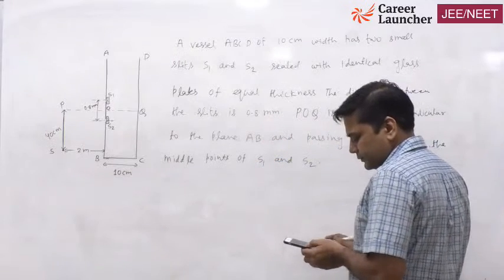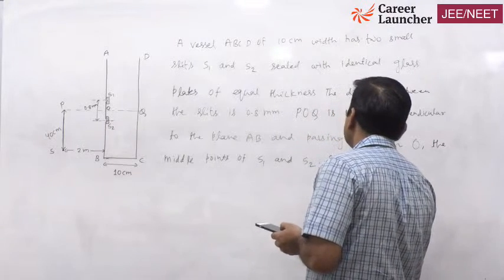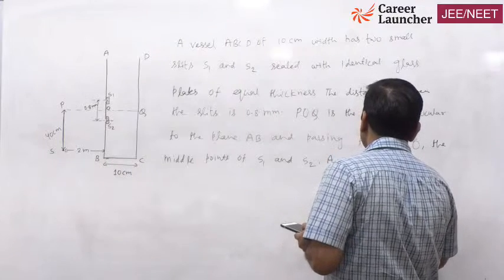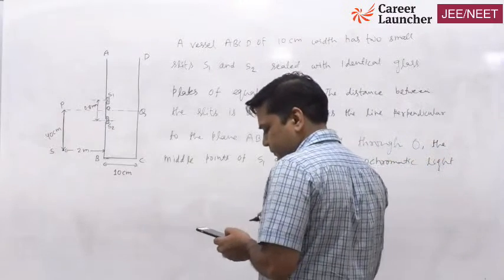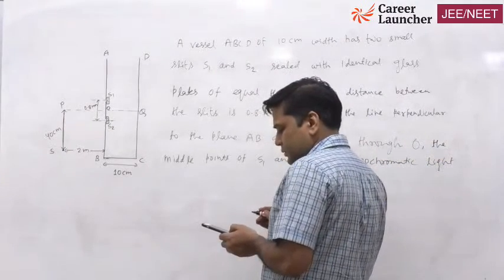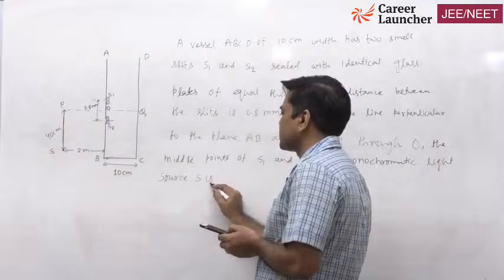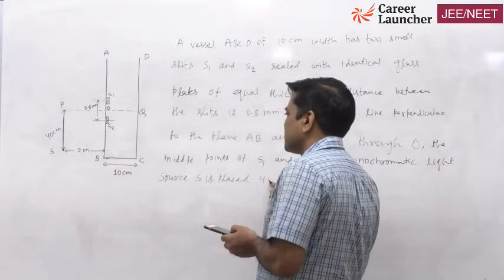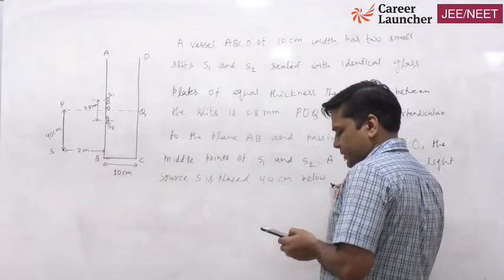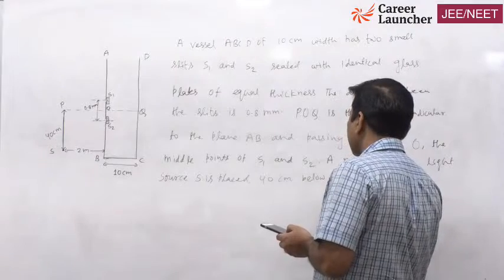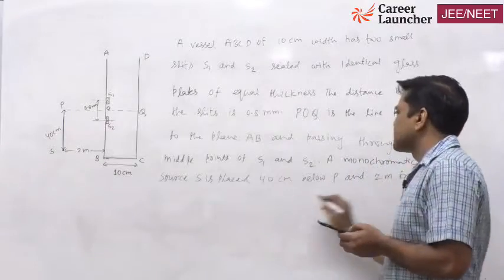A monochromatic light source S is placed 40 centimeter below P and 2 meter from the vessel.